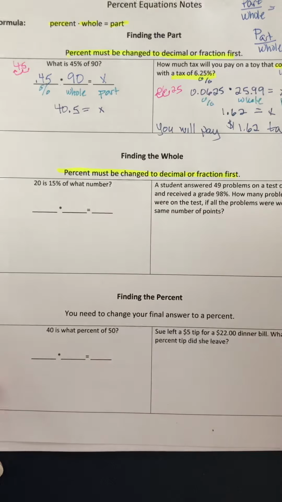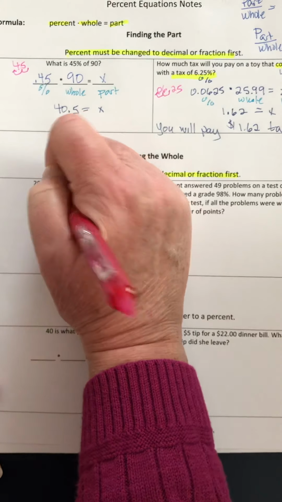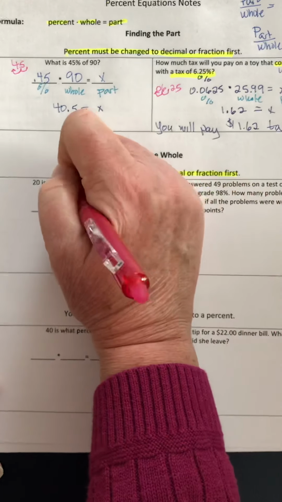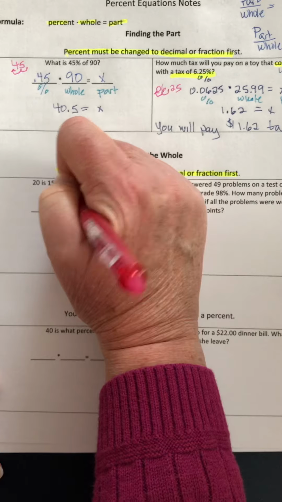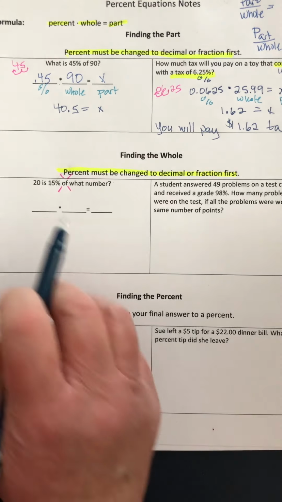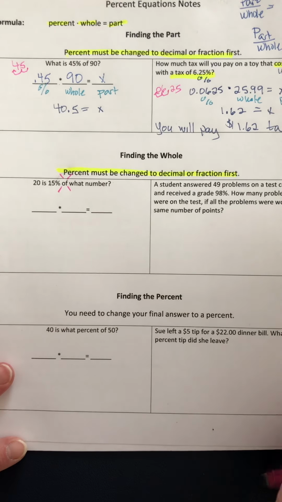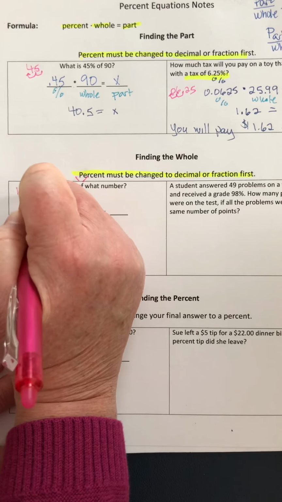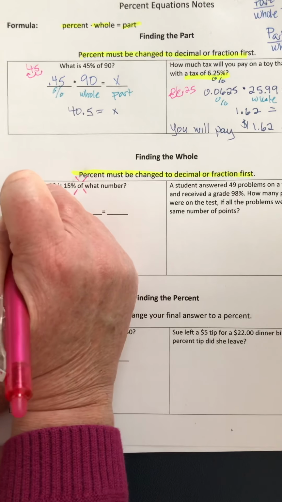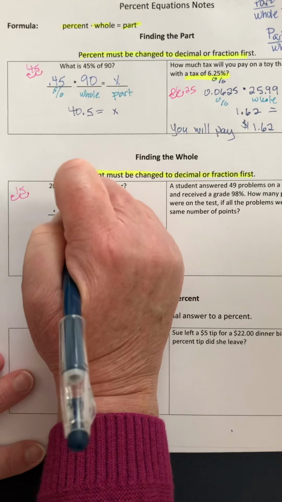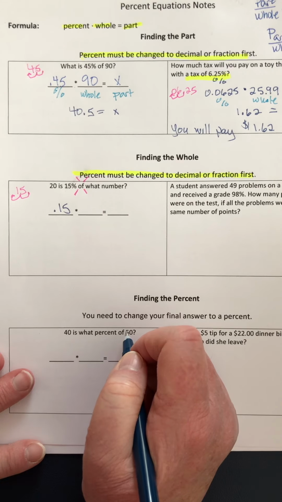And that of is telling me that I am going to be multiplying. Okay? So, I have 15%, and when I do that off to the side, to change that into a decimal, starting there, I have to swoop left 2 times. Okay, so that gives me 0.15 times my whole, which I don't know.